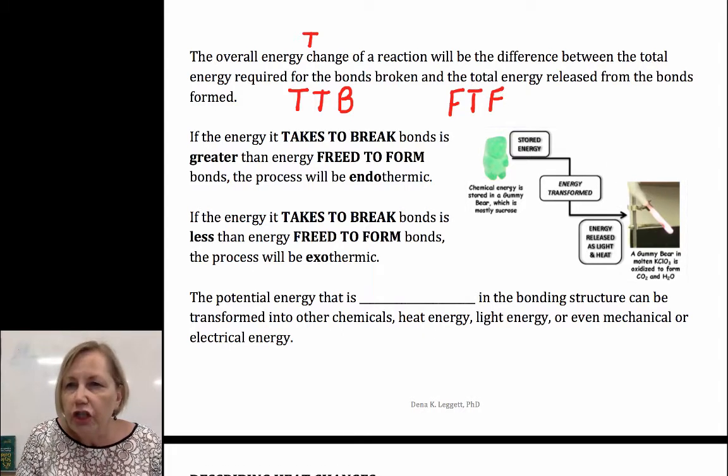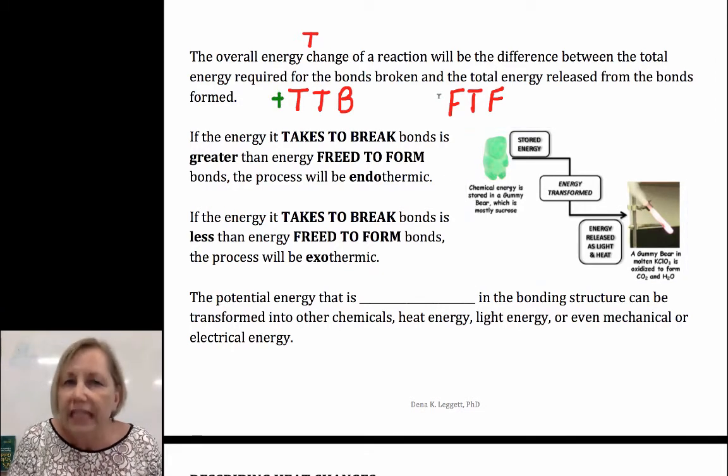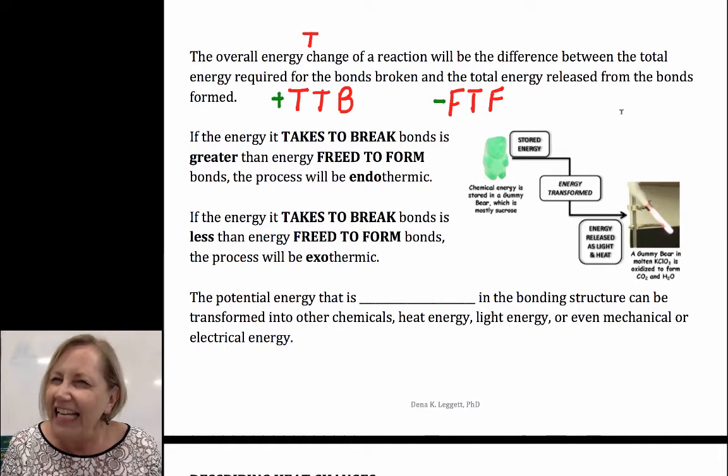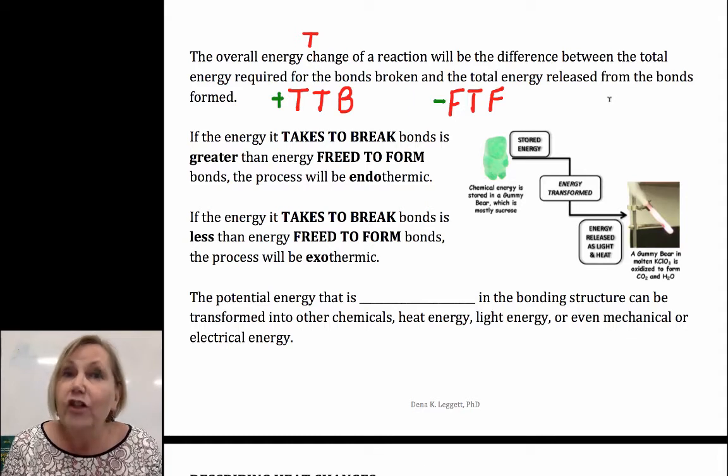Energy that is required is positive. When it's released, it's negative, and that's a good thing. So energy release negatives in chemistry are not always bad things. It's often a good sign.